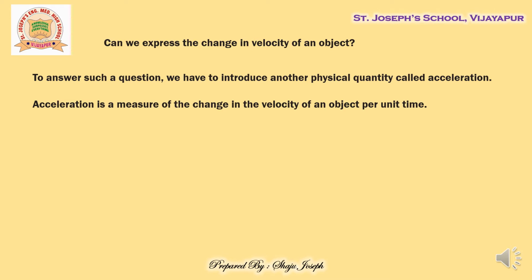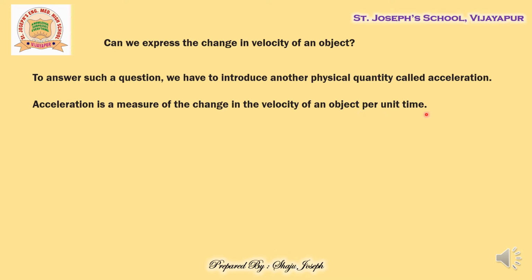I want you to concentrate on these words. Acceleration is a measure. First of all, it is a physical quantity which helps us measure the change in velocity. The discussion was about the change in velocity, so we needed a new physical quantity to discuss it. So acceleration is a measure of the change in velocity of an object per unit time.